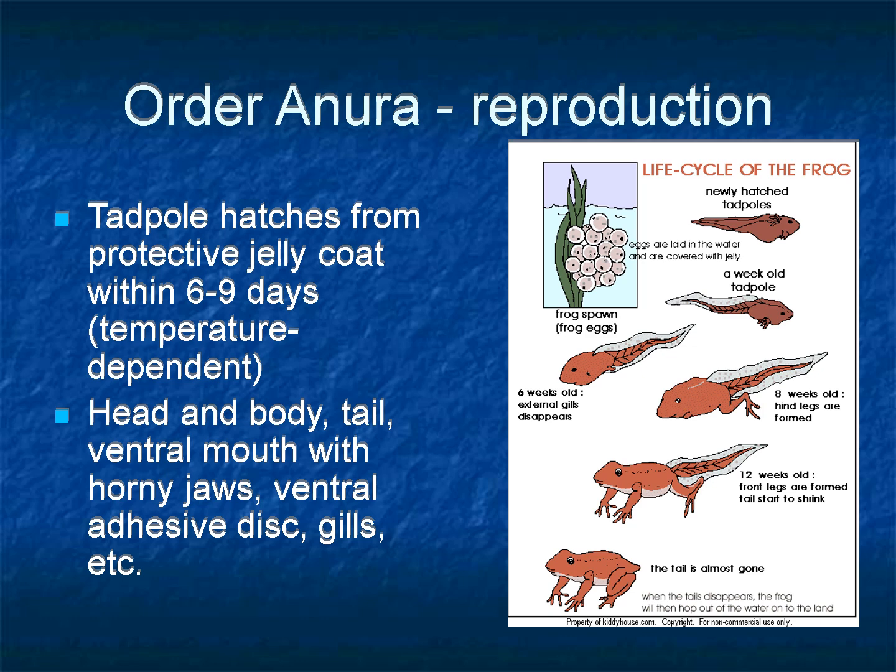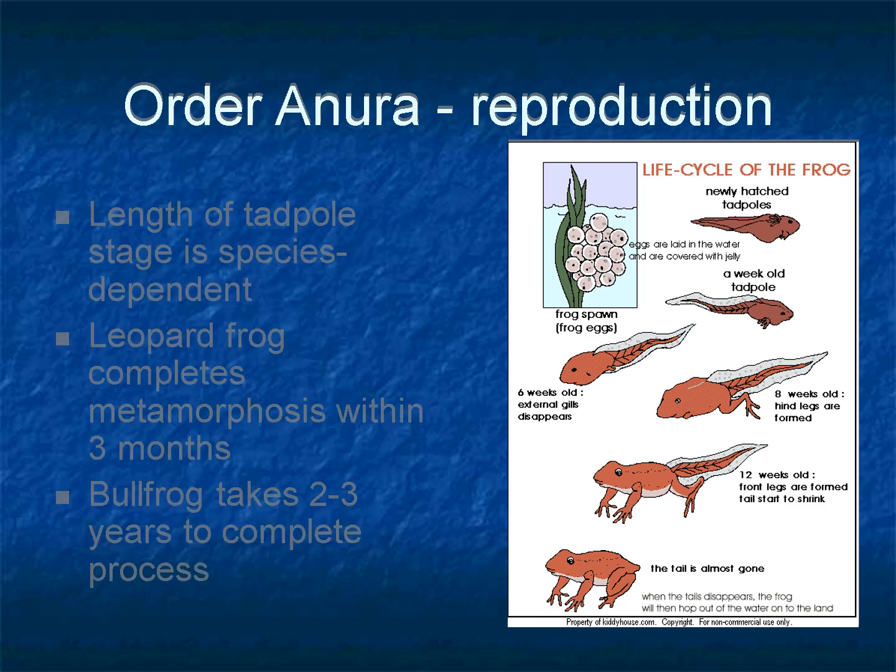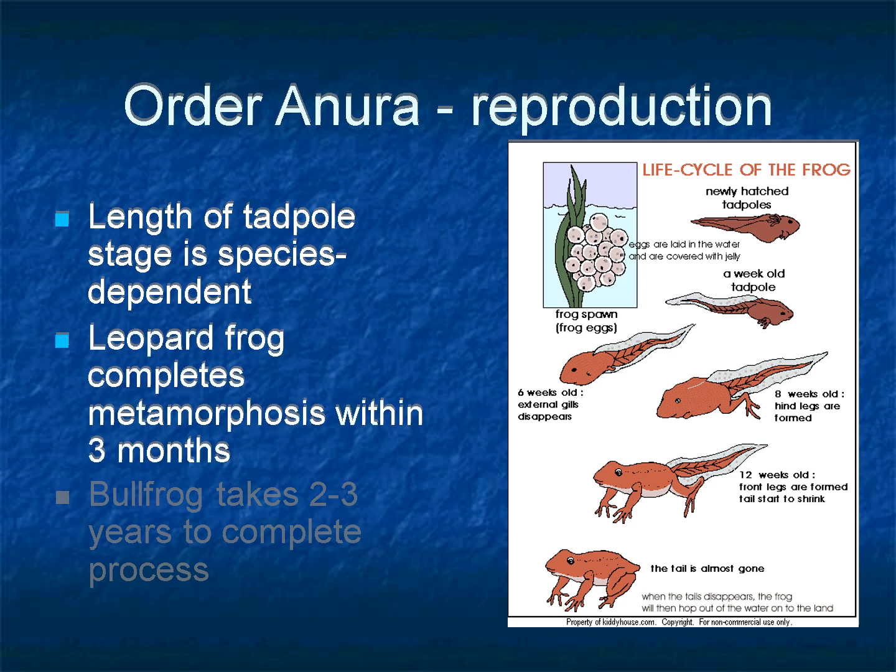Furthermore, behind the mouth is a ventral adhesive disc that helps them to attach to objects. Additionally, the length of the tadpole stage is species dependent, and this is the general life cycle of the frog. For instance, the leopard frog completes its metamorphosis within 3 months, while on the other hand, the bullfrog takes 2 to 3 years to complete the process.